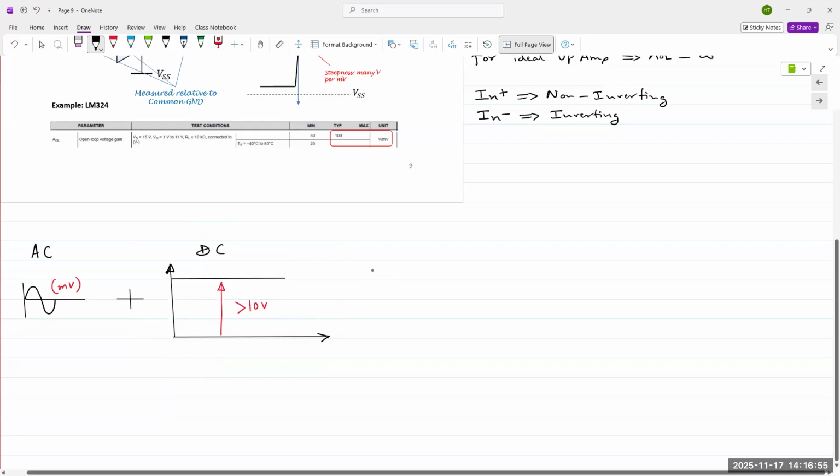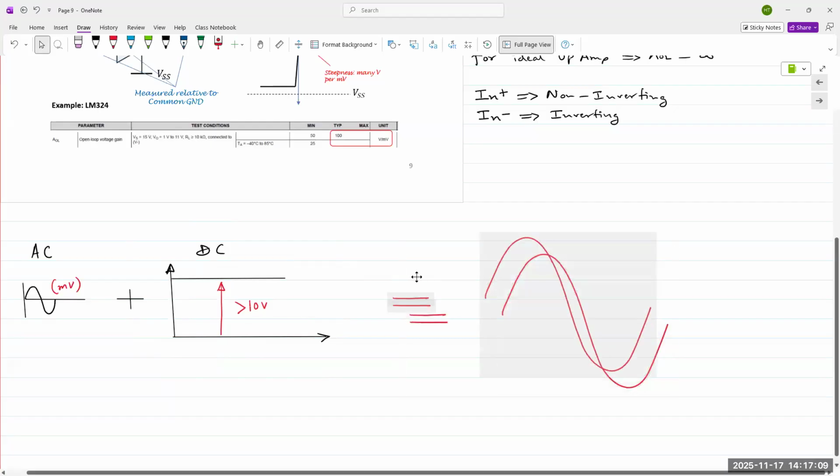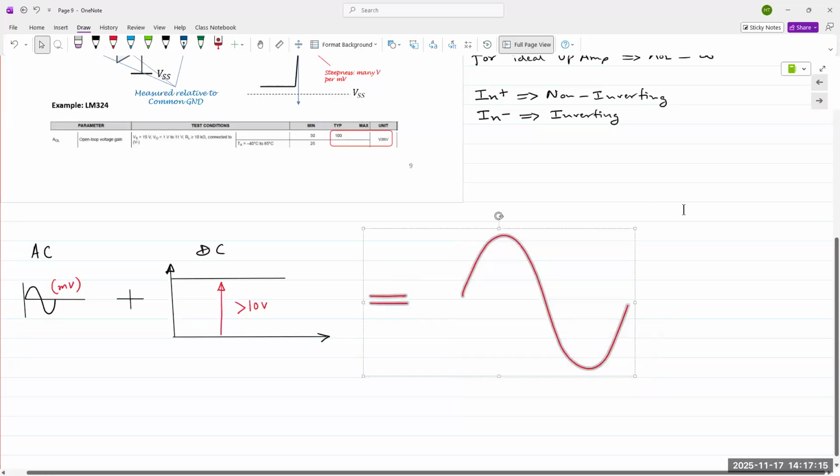So what an amplifier does, any amplifier for that matter, is it takes energy from the DC source and it gives it the shape of the AC signal. And that's what an amplifier does. Okay.